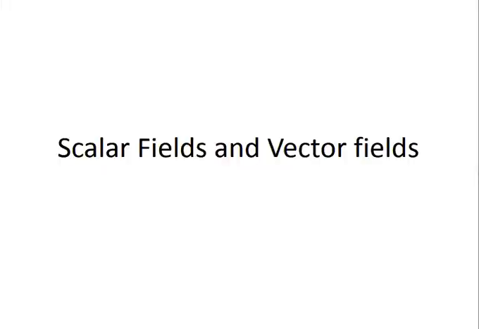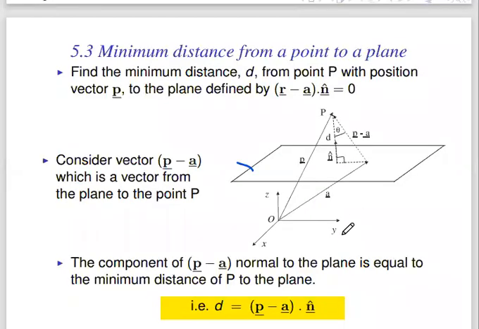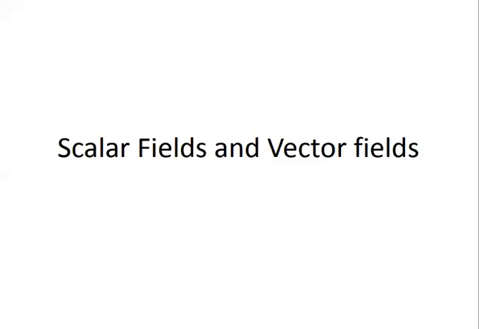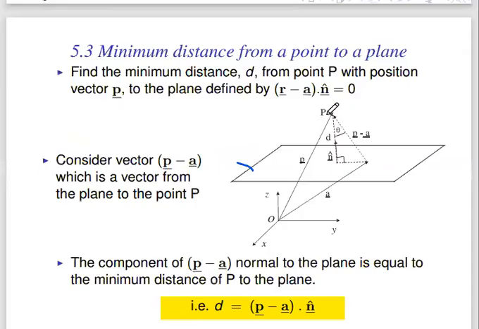Then I will start another new session, vector fields and scalar fields. Let me finish this off. Today I have to cover this entire PDF, and for that I need time.